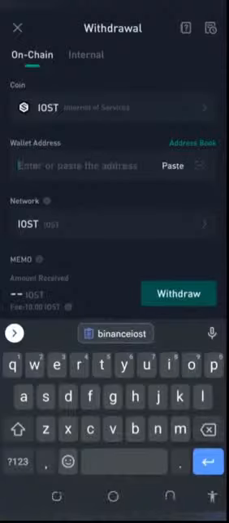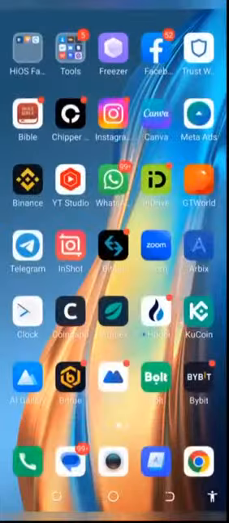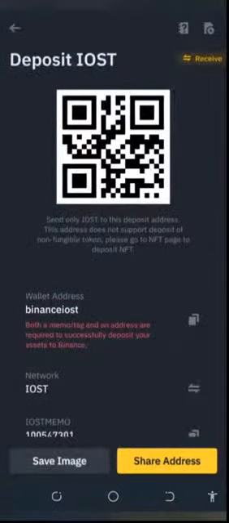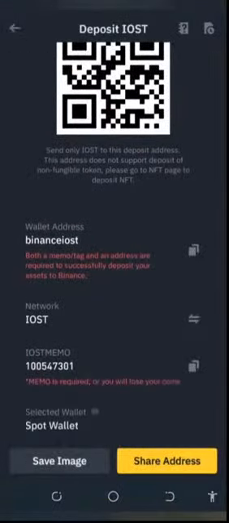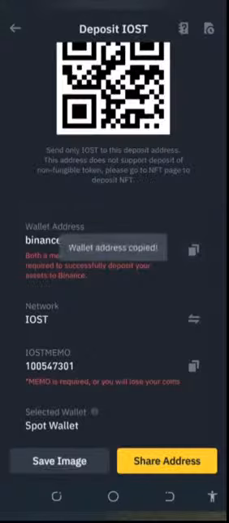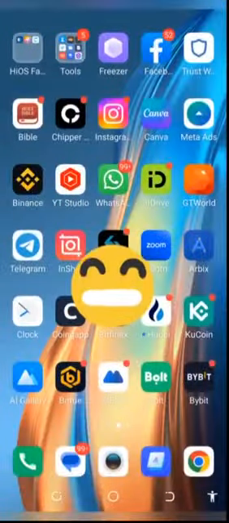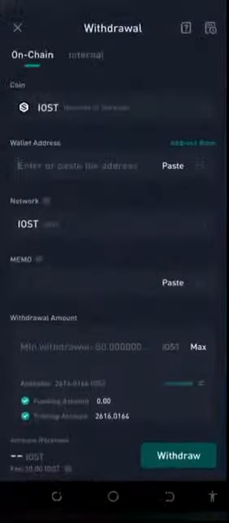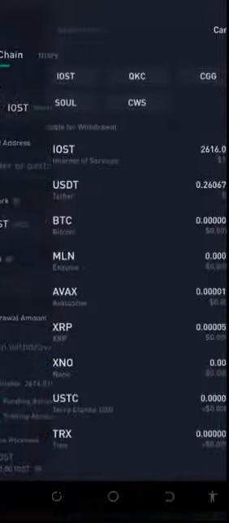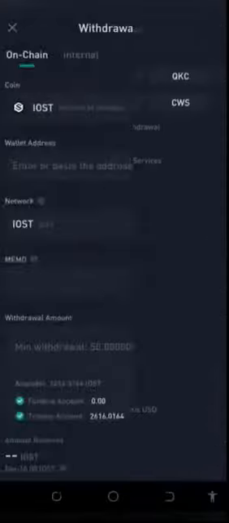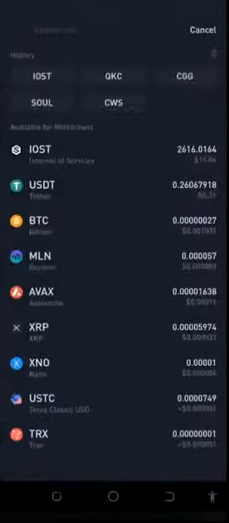Let's go back and copy the right thing. The wallet address says Binance IOST. That's interesting. Well, I think I still copied the right thing. I don't know why it's looking like that. I think it was just looking funny to me. Of course, if it was wrong, it wouldn't allow me to paste it.